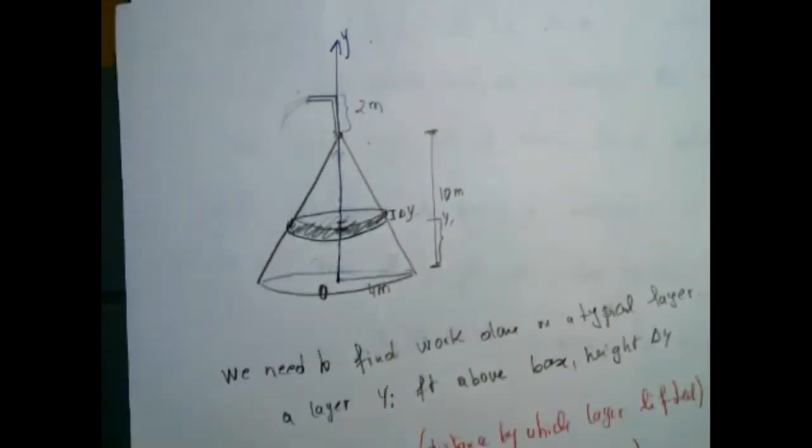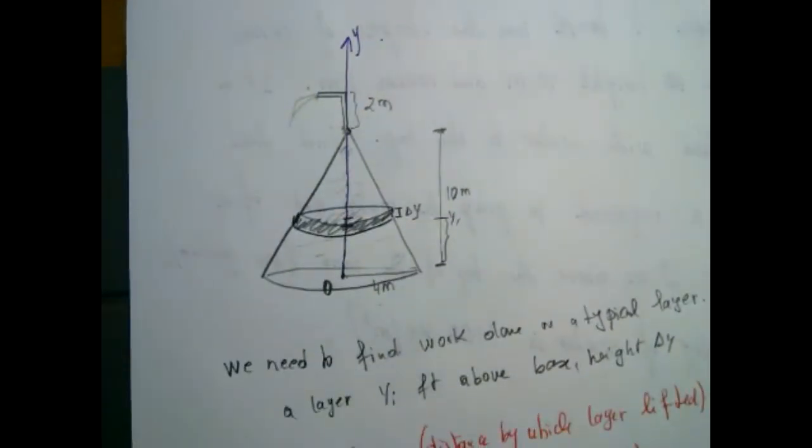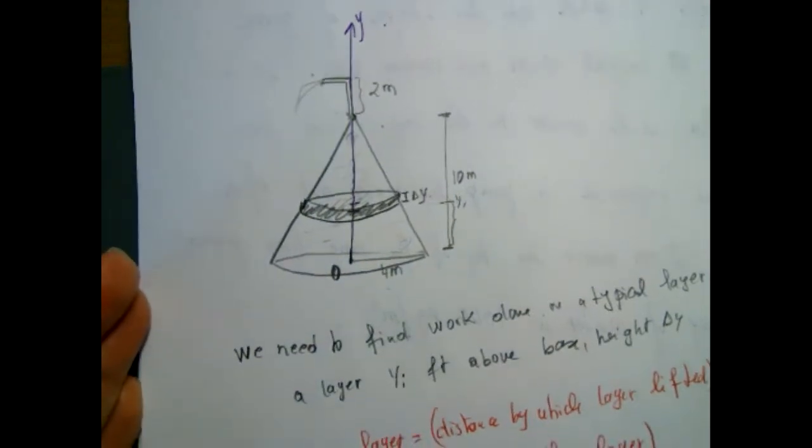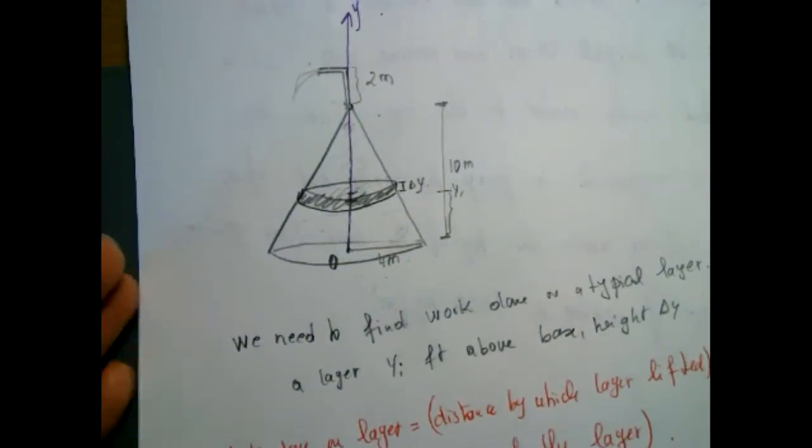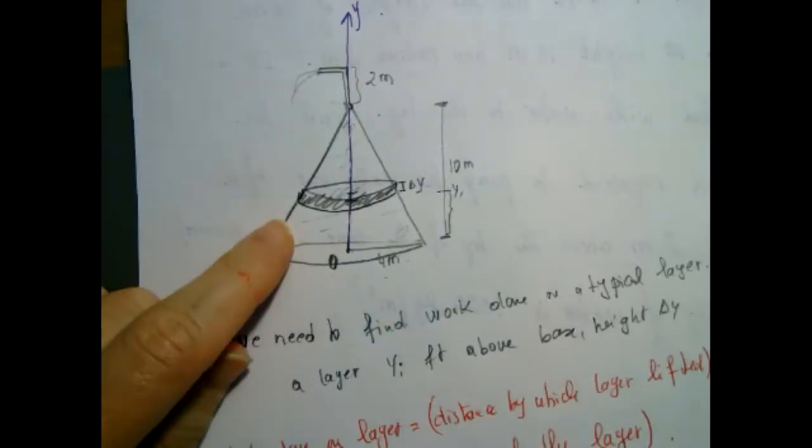Okay, back to you. What's the distance by which a layer is lifted? 12 minus yi. Do you agree with him? Yeah. Because it's going to be lifted from here all the way to, because the water is not going to be lifted to the top of the cone, it is going to be lifted to the spout.